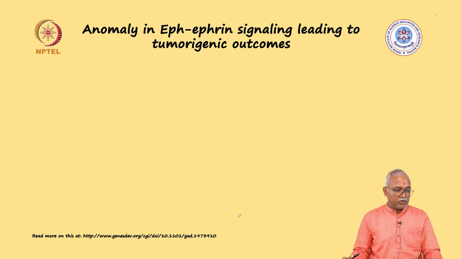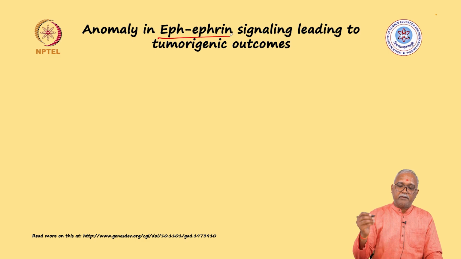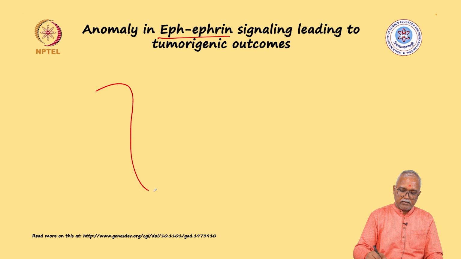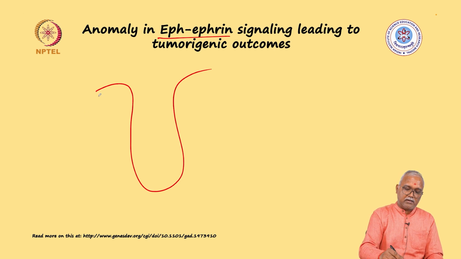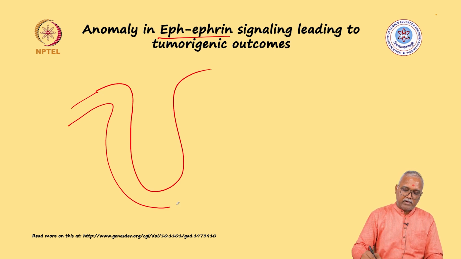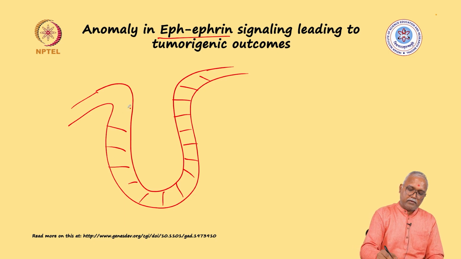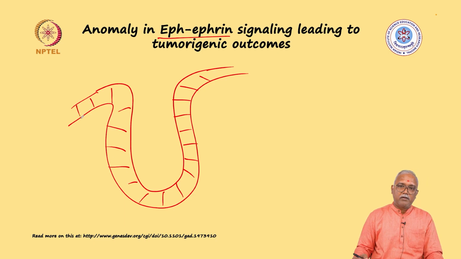Then there are tumorigenic outcomes of the anomalies which can happen in Eph-Ephrin signaling. You remember we discussed the intestinal villi region and the cells of the wall.